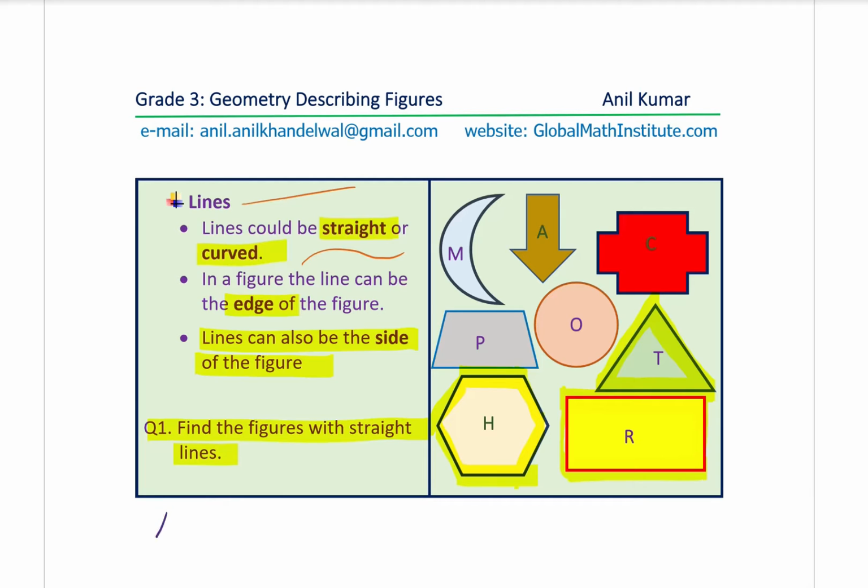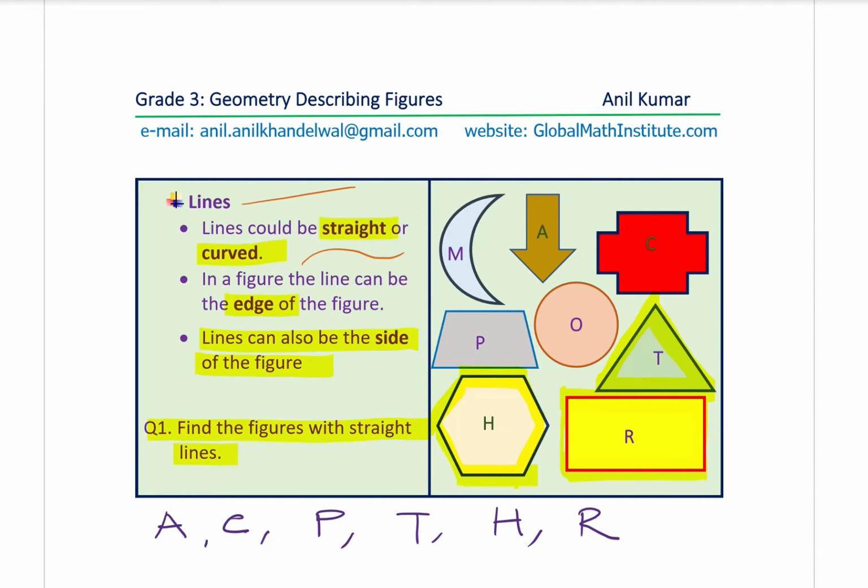So I could write these figures as A, C, P, T, H, and R. These 6 figures are with straight lines, correct? We are going to refer to these figures for all our answers to come, and we'll name them with the letters given in the center of the figure. Is that clear to you?